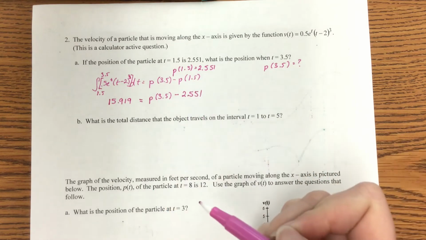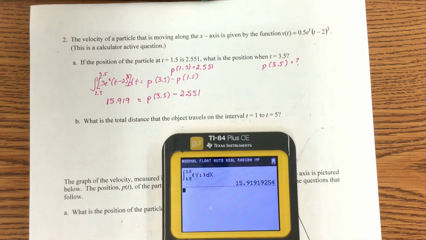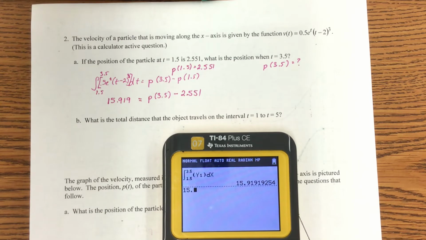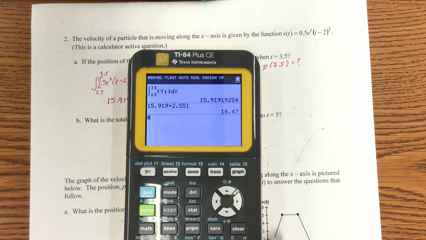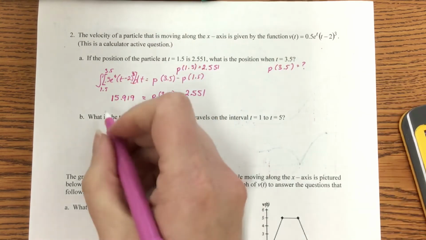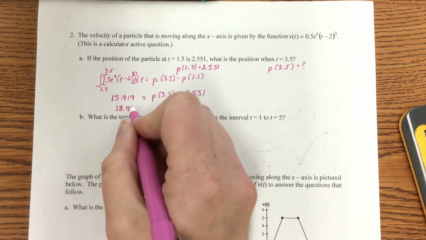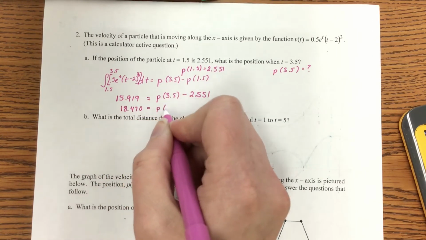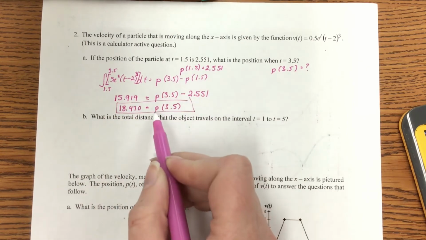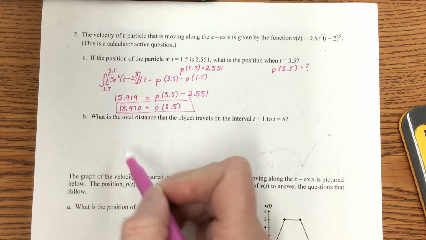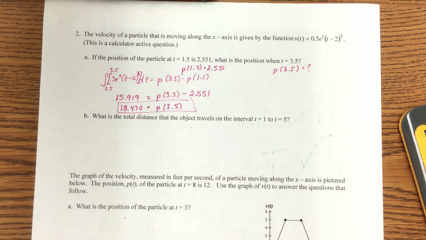And then it looks like we can just add 2.551 to both sides. 15.919 plus 2.551 is 18.470, equals P of 3.5. So the position of the particle when t equals 3.5 is 18.470.